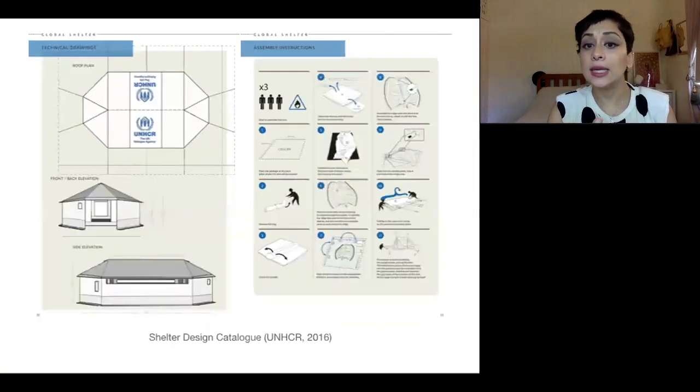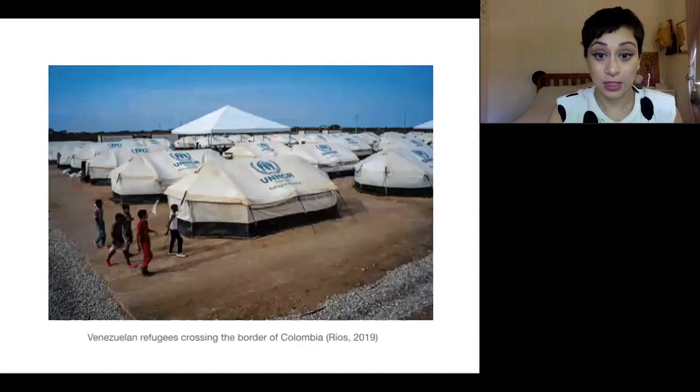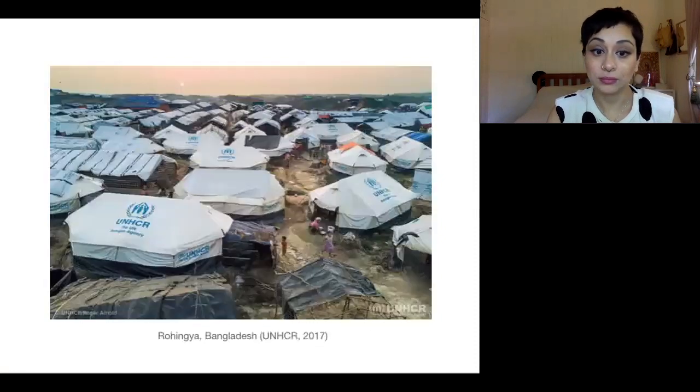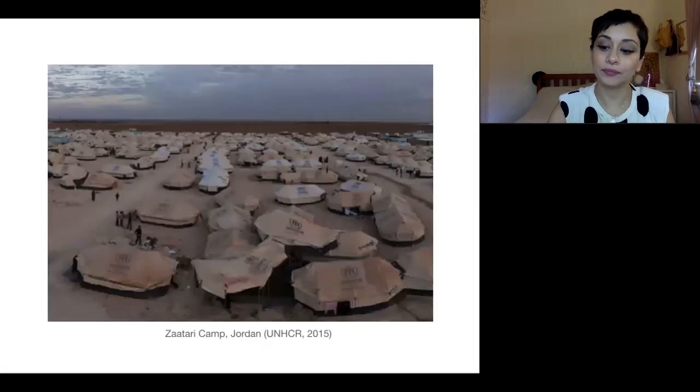So you would see standardized, temporary solutions for shelter, such as this one that was in the shelter design catalog of the UNHCR. You would see it in Colombia, Bangladesh, Jordan, to host any community from anywhere on any geography.